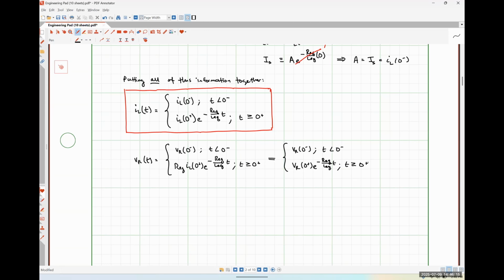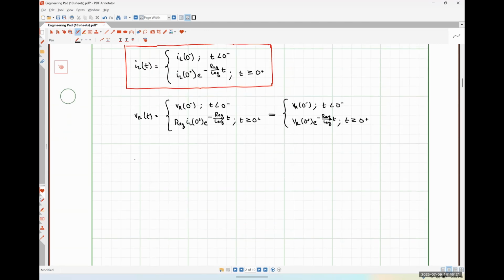Well, if I wanted to figure out what was going on with my inductor voltage, I would have something like this. VL of t is going to be just whatever it was doing at 0 minus, which in this case happened to also be 0 volts, because the inductor was a short circuit at t equals 0 minus.